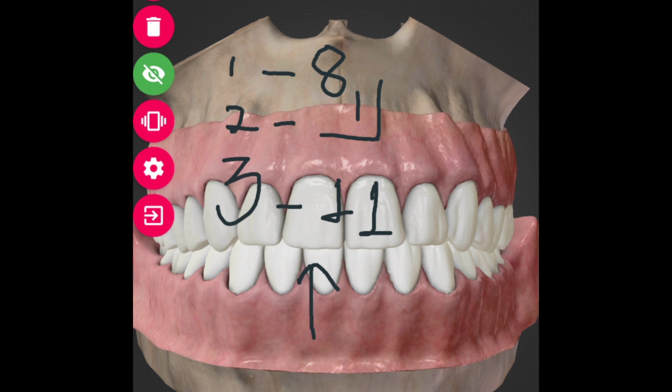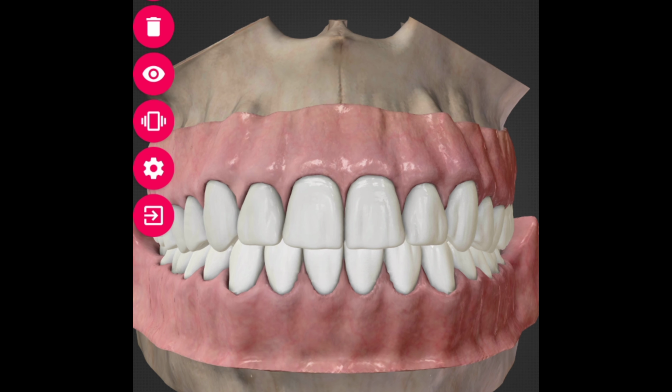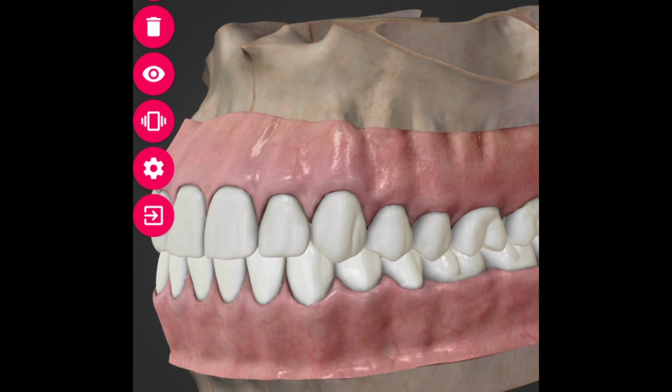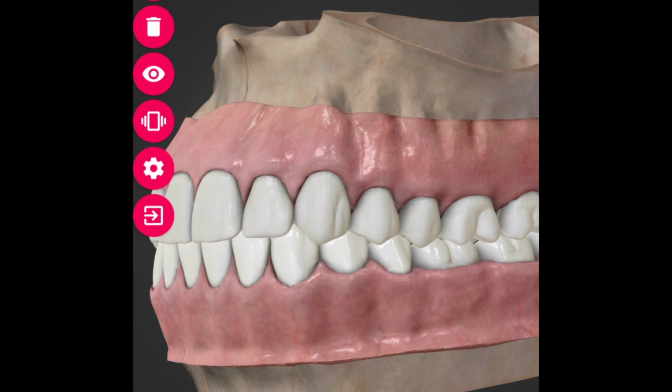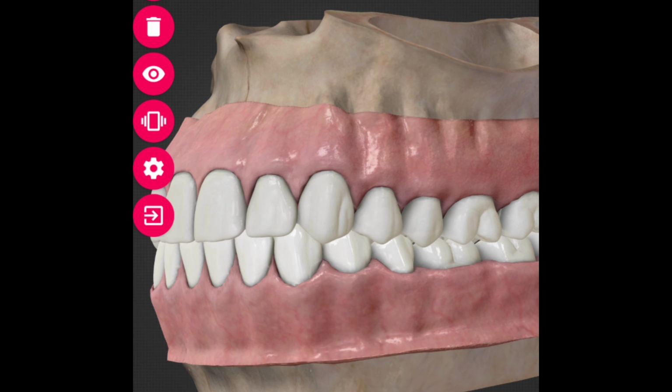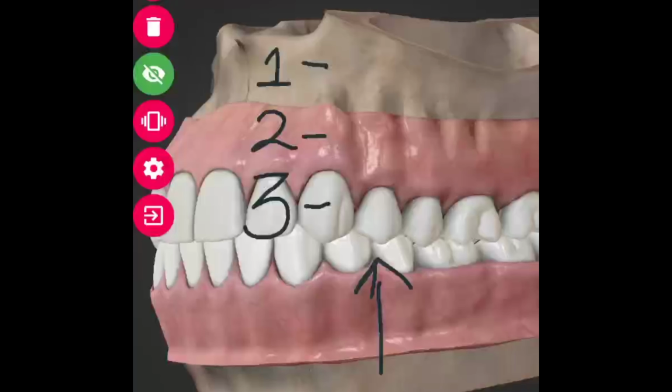Now similarly, taking another tooth, let us take the first premolar of the second quadrant. If we talk about the first premolar of the second quadrant, then in the universal system it will be designated as S12.